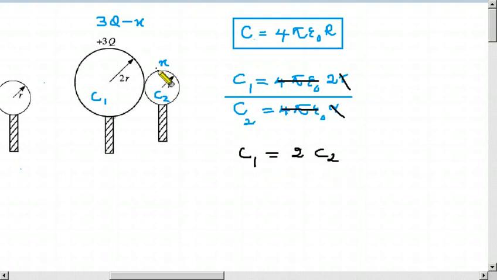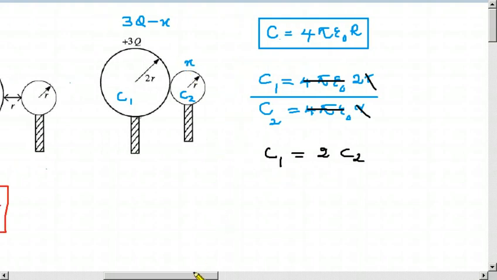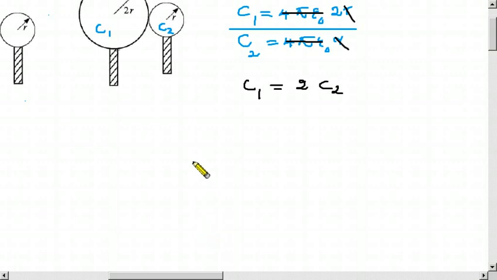So now what we want is the relation between the charges. The basic equation is Q equals CV.